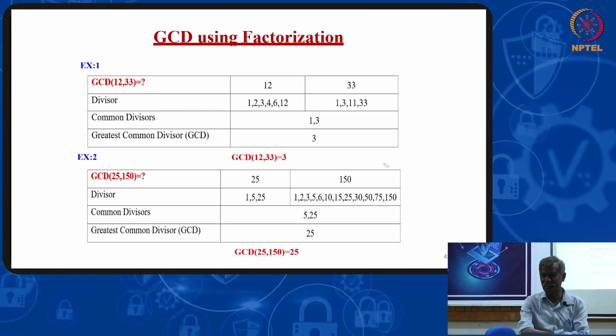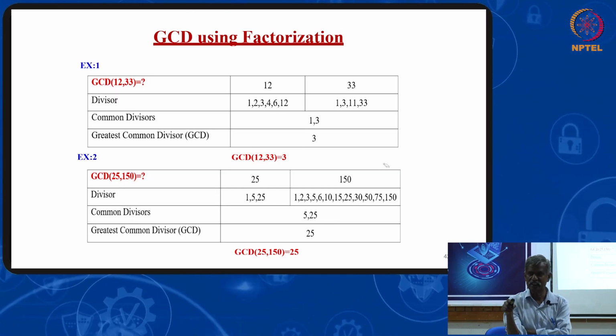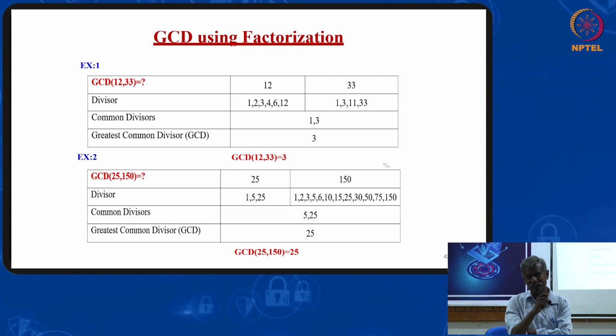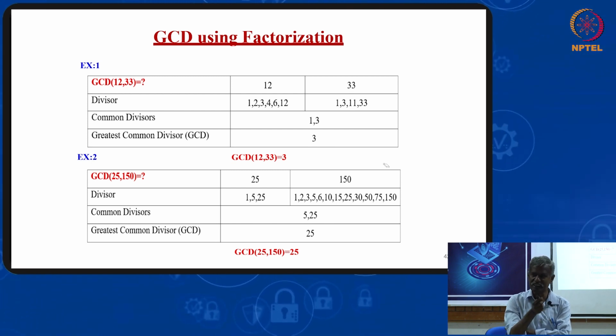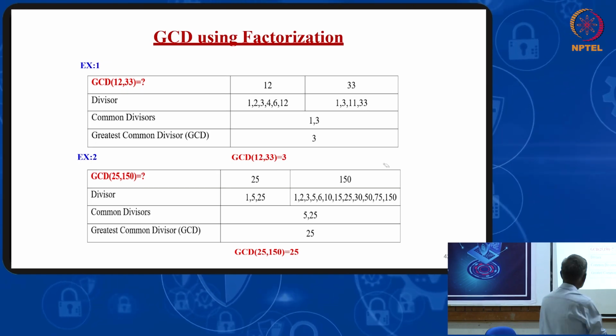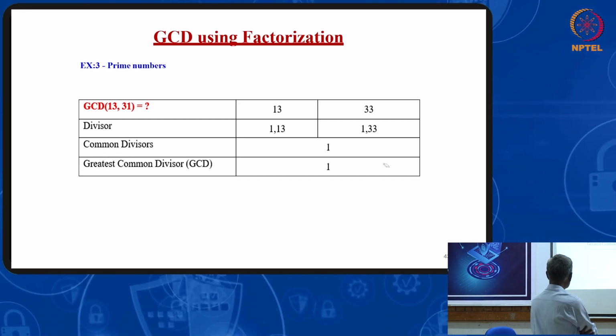That is why 25 is called the greatest common divisor. Between 8 and 12, 2 is a common divisor, 4 is a common divisor. Which is the greatest common divisor? 4. Here the greatest common divisor is 1.